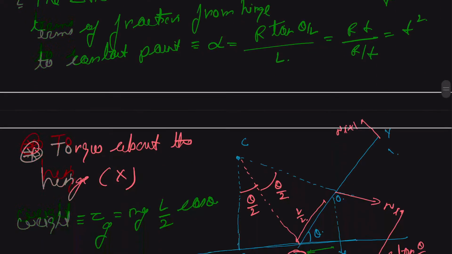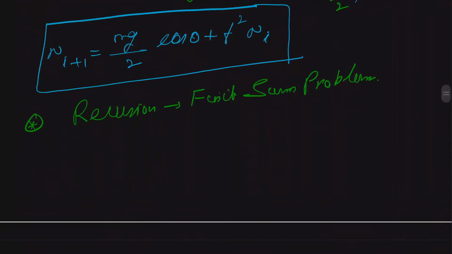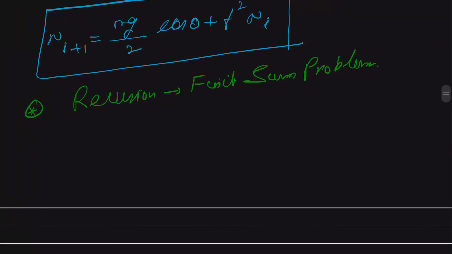So therefore we are going to put that our N of 1 will be equal to our mg by 2 cos of theta, and we can put our i to get N of 2.